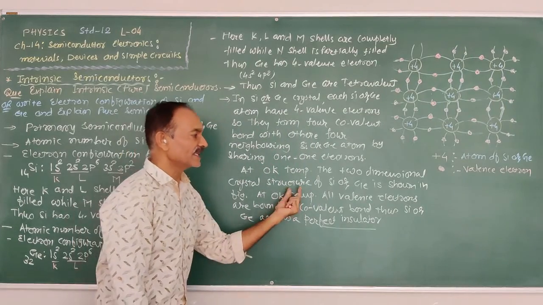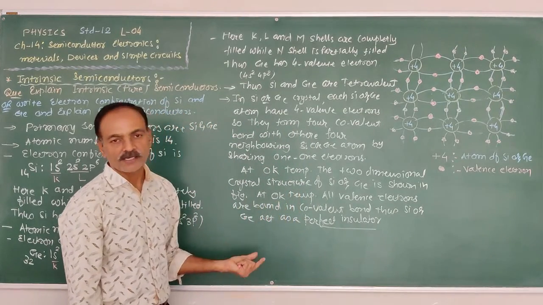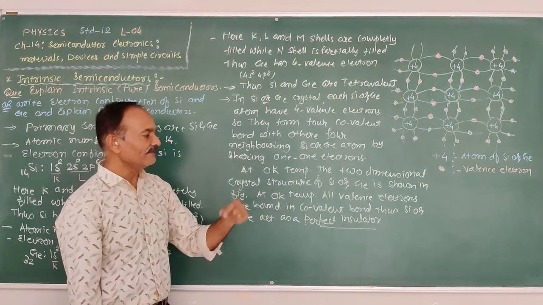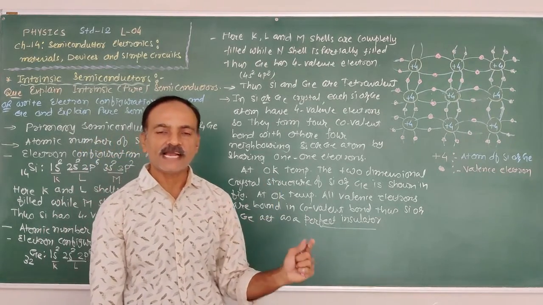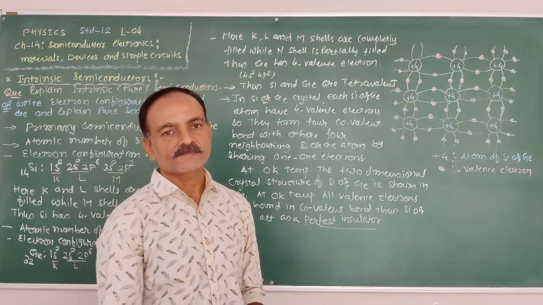Therefore, all the valence electrons are bound in covalent bonds. As a result, at 0 Kelvin temperature, the silicon or germanium crystal acts as a perfect insulator.